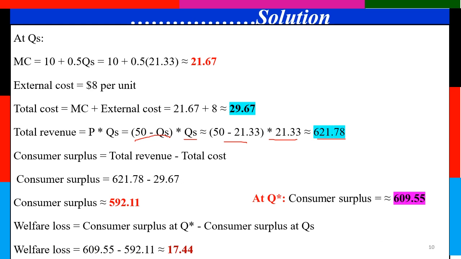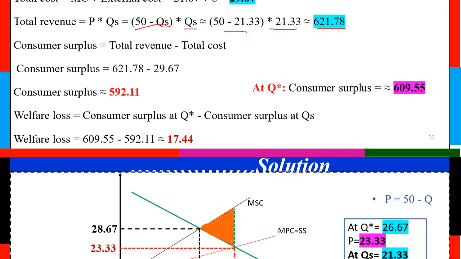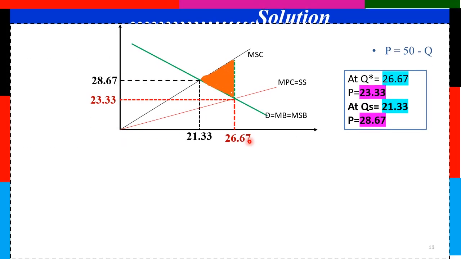How can you convert this into a graphical expression? Here we already have the marginal social cost. Here 21.13 means the socially optimum level of output, and 26.67 means at market equilibrium.